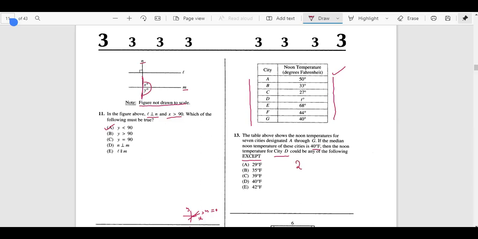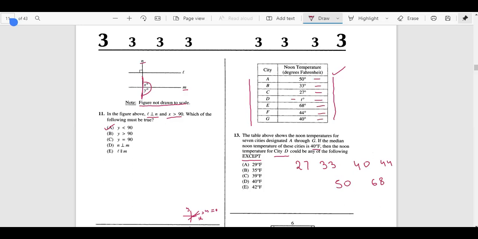We have 27, then 33, then 40, then 44, 50, and 68. So these are 6 values, and here we have 7 values.